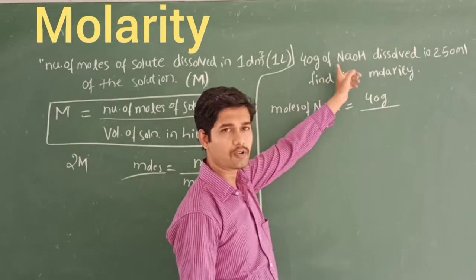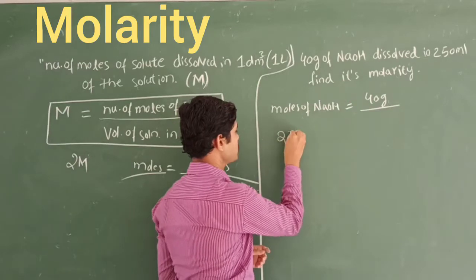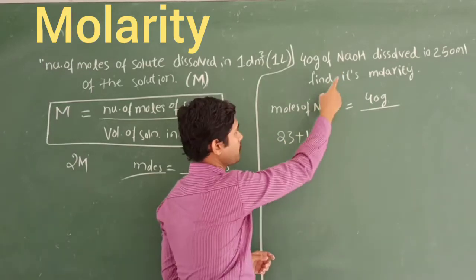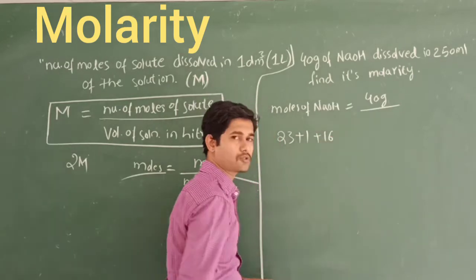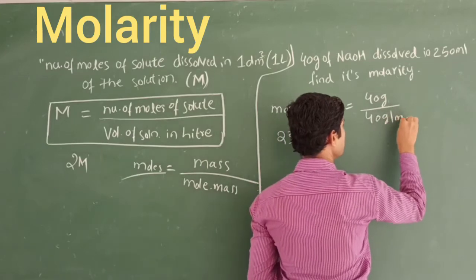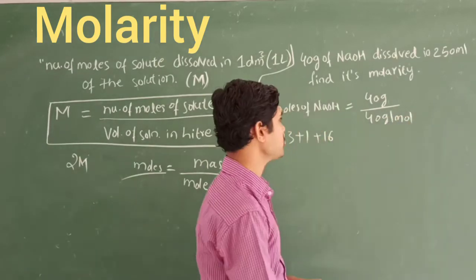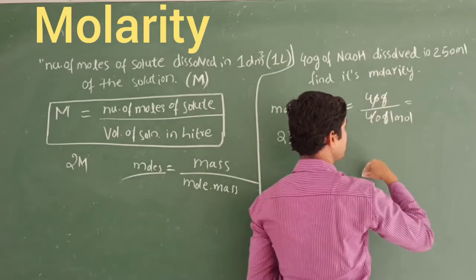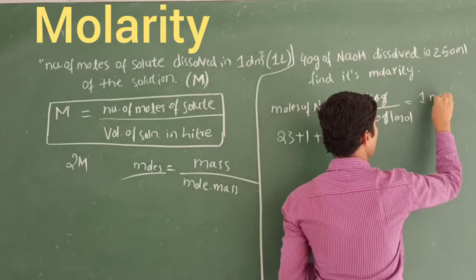So sodium atomic mass is 23 plus hydrogen 1, that becomes 24, plus oxygen 16. So total it is 40 gram per mole. Cancelling gram, that is 40 divided by 40, so that is 1 mole.